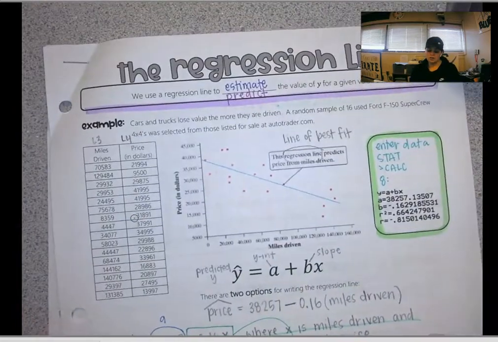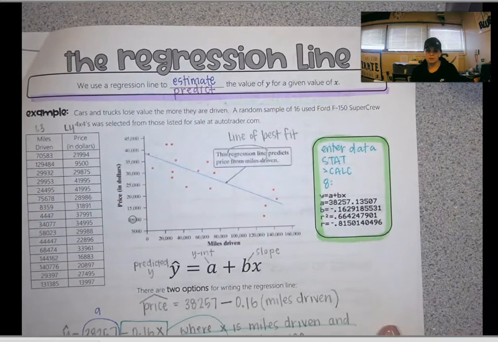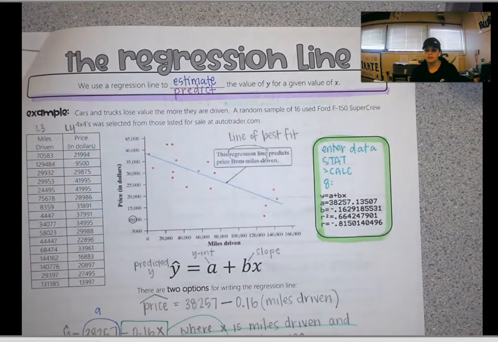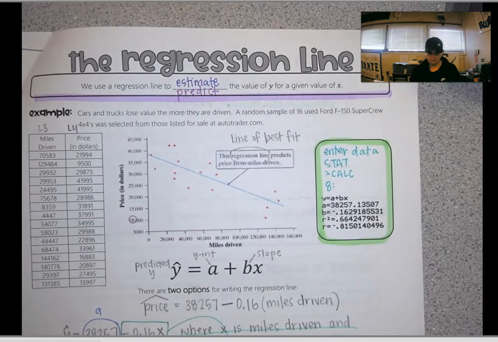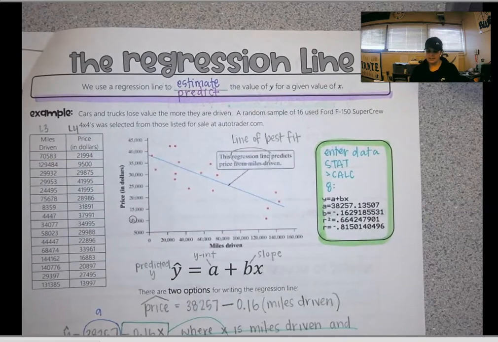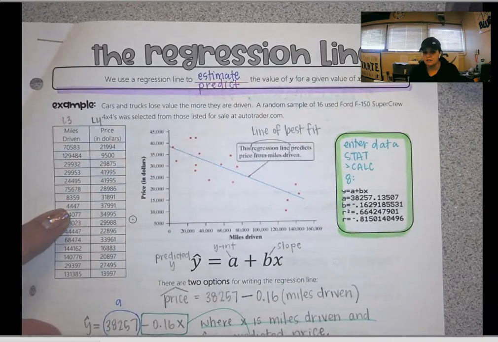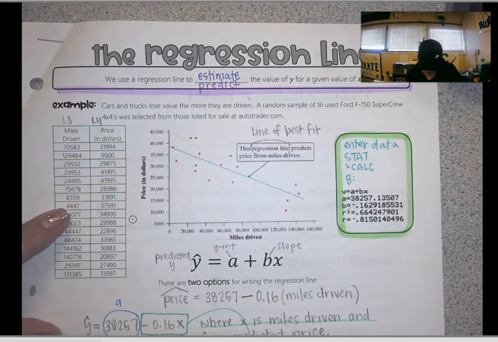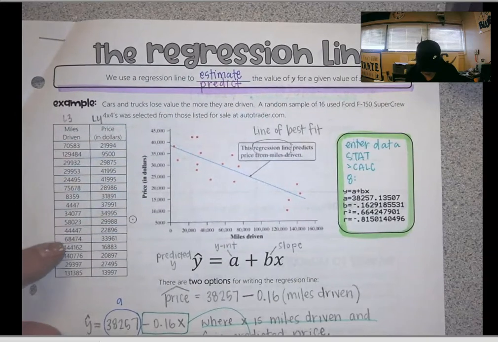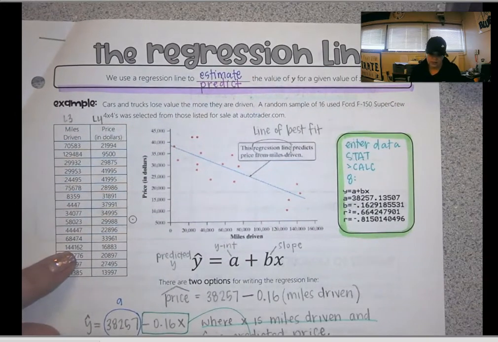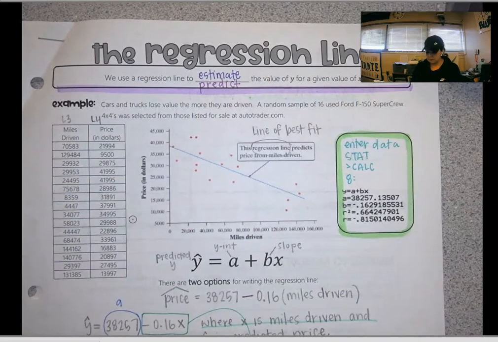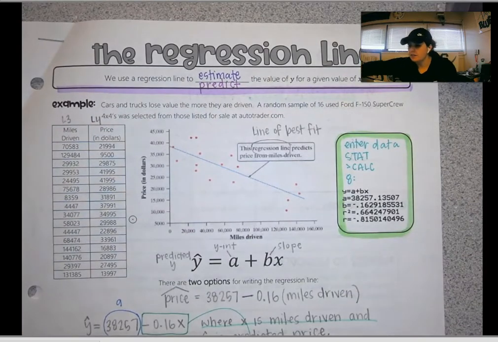So going back to our graph for our miles driven and our price, we have collected data for cars between certain miles driven. It looks like the lowest is 4,447 and the highest is 144,162, I believe. So I'm going to highlight those.